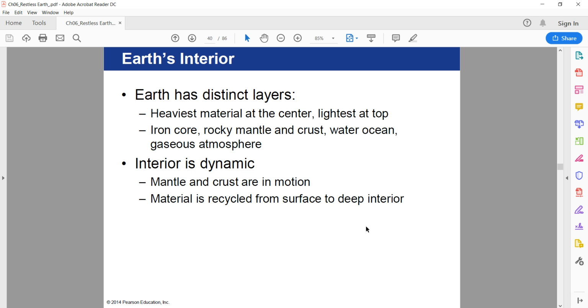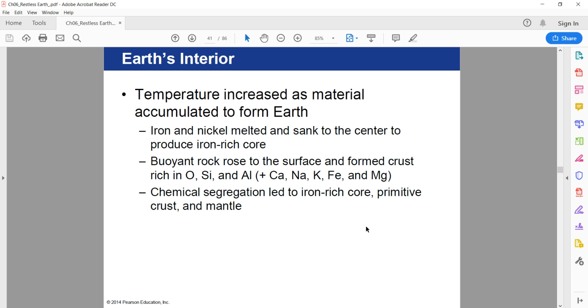So this is the interior of the earth. I just want you guys to read through this and make sure you understand it. There are more videos available in the previous chapter on plate tectonics, so you can look through that too.